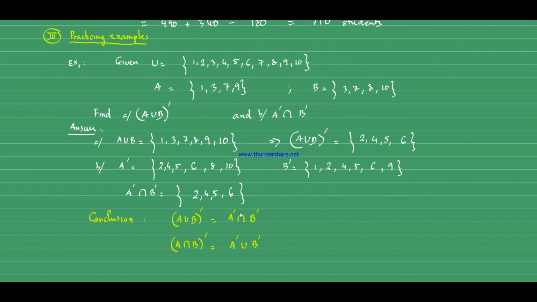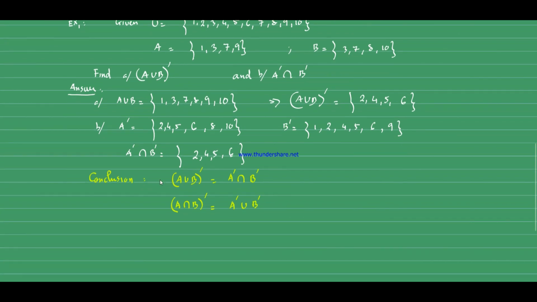I want to mention this law right away because in the example it's pretty obvious, and you can see clearly that they are equal to each other. So this is De Morgan's law.